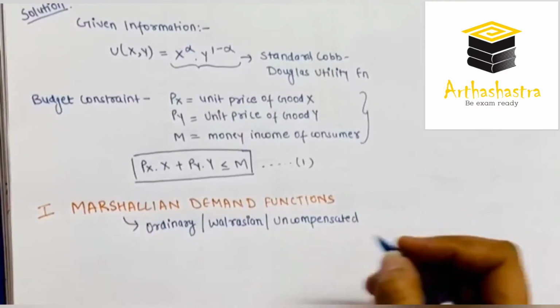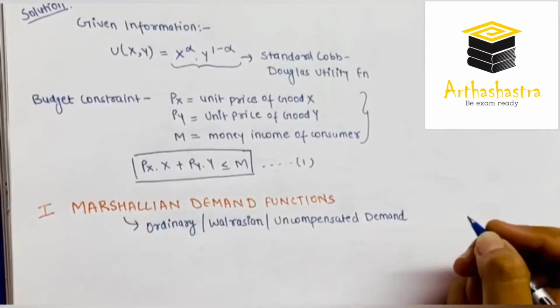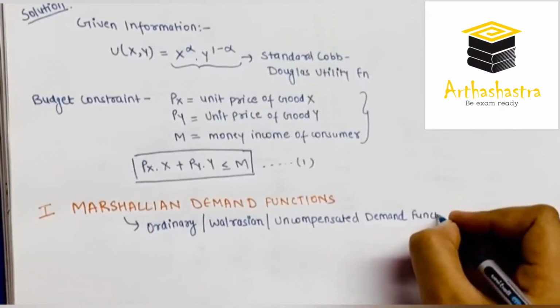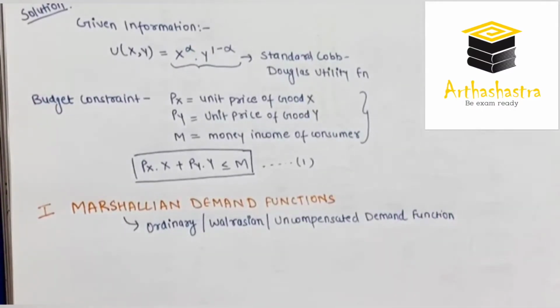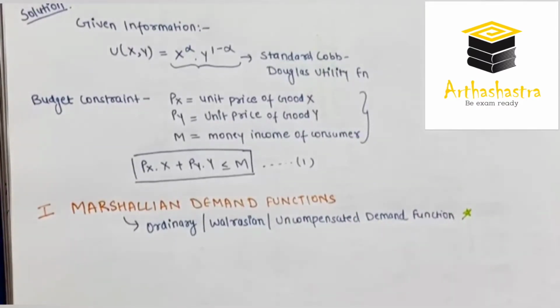You might encounter any of these terms in your examination, so focus on this. It's important that whenever any of these terms comes, we have to do the following solution.